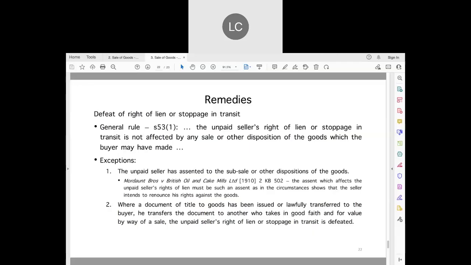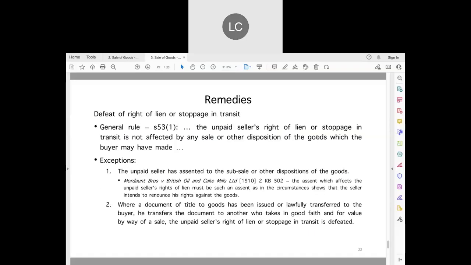So under 54(3), the buyer obtains good title regardless of whether he knows or doesn't know that the seller has regained goods through the exercise of his right of lien or stoppage in transit. In other words, 54(3) is wider than section 30.